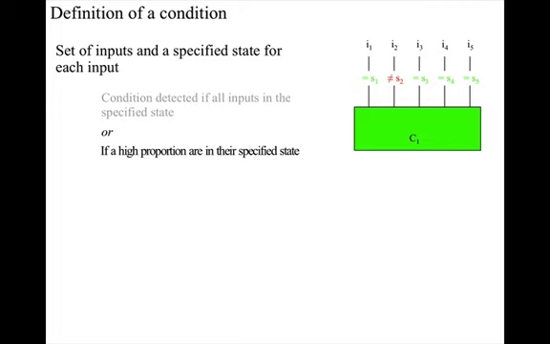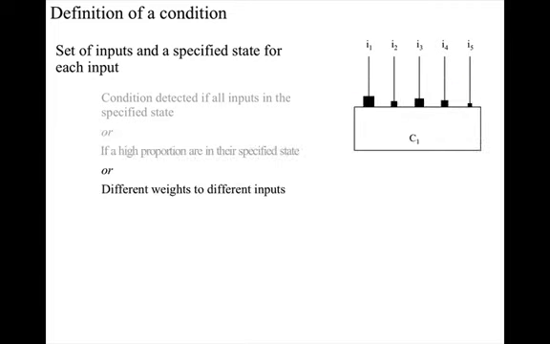A slightly more complex definition would be that a high proportion were in their specified states, but some weren't. Now, an even more complex definition would be if each input has a different weight, and if the inputs that are in their specified states have a total weight that exceeds some threshold, the condition is detected.